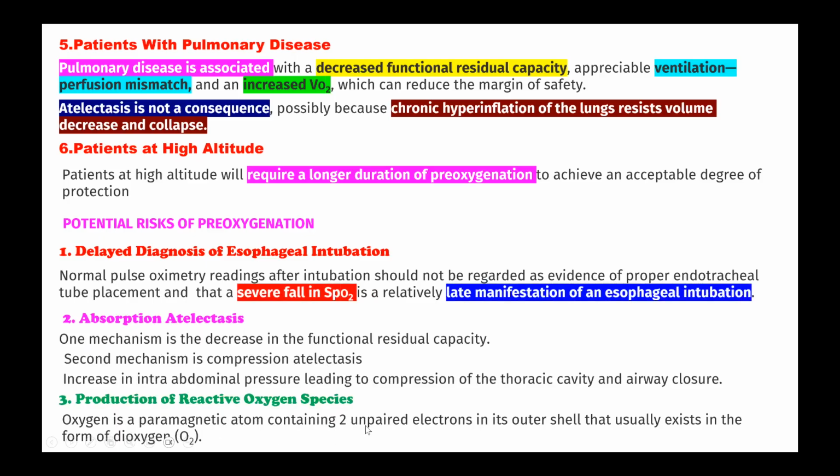Oxygen is a paramagnetic atom containing 2 unpaired electrons, which makes it very highly active to form a dioxygen molecule. The dioxygen molecule can accidentally or deliberately split, producing reactive oxygen species, which include superoxide anion, hydroxyl radical, or hydrogen peroxide.